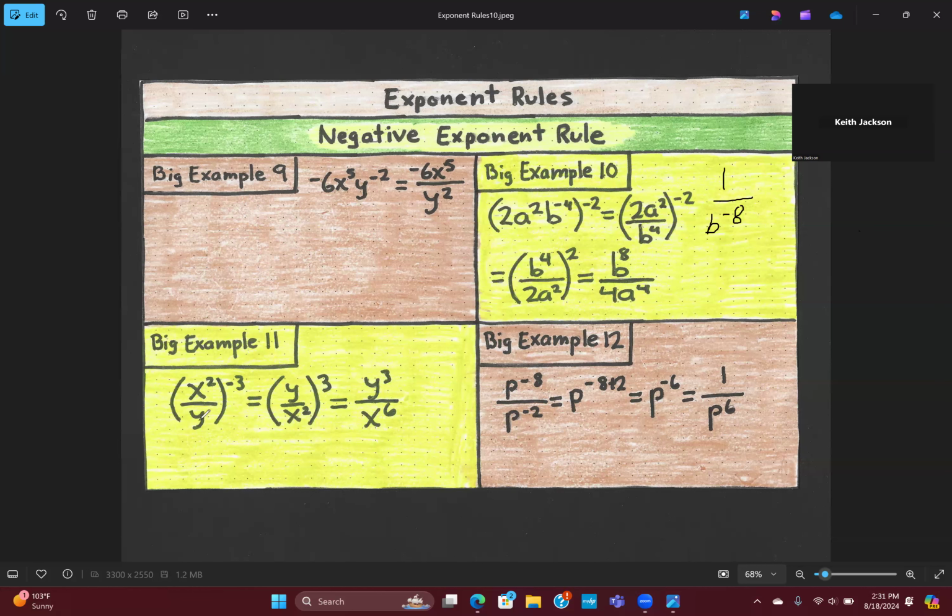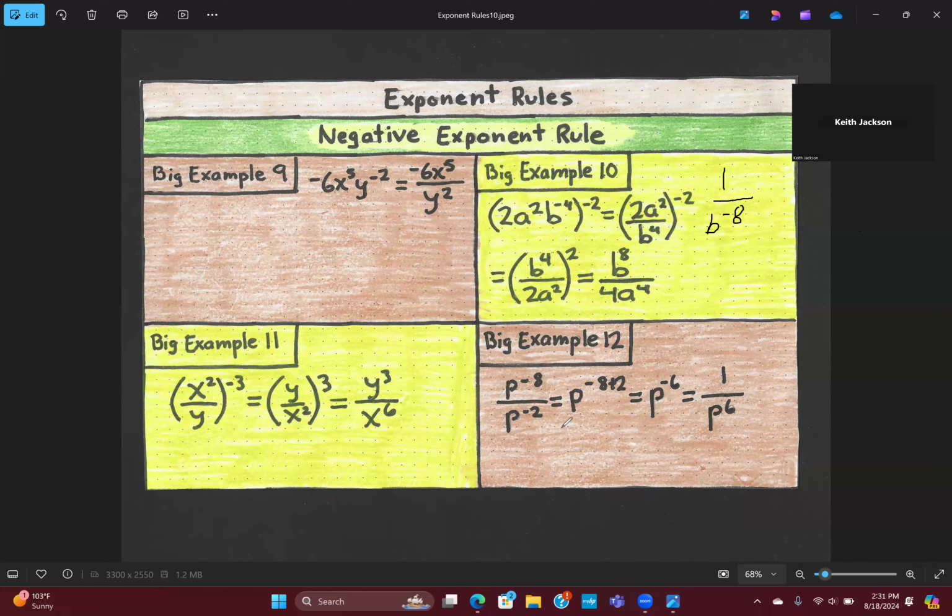And then what we have right here, we have y raised to the negative third power in the denominator. That means we have to put it in the numerator right over here. And this is why you have the situation in which we have y raised to the third power, x to the second power raised to the third power, and you have our final answer right here as y raised to the third power over x raised to the sixth power.